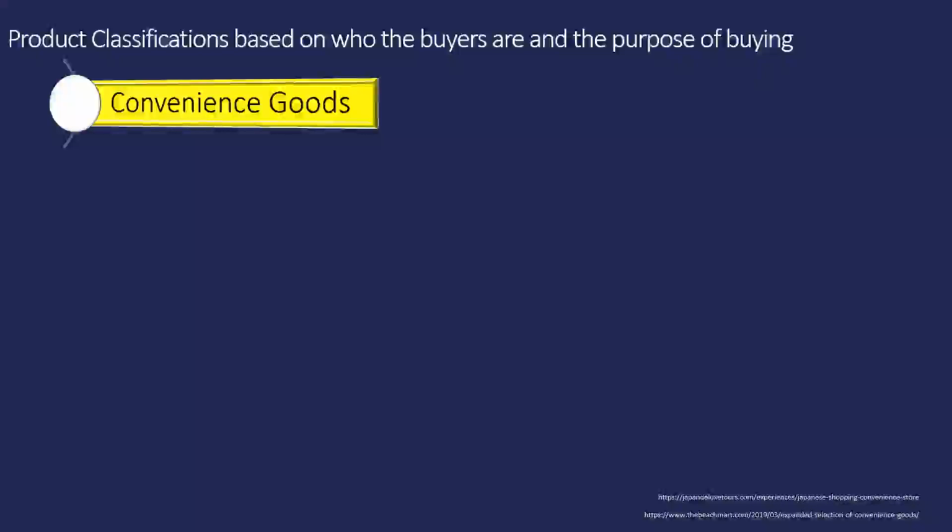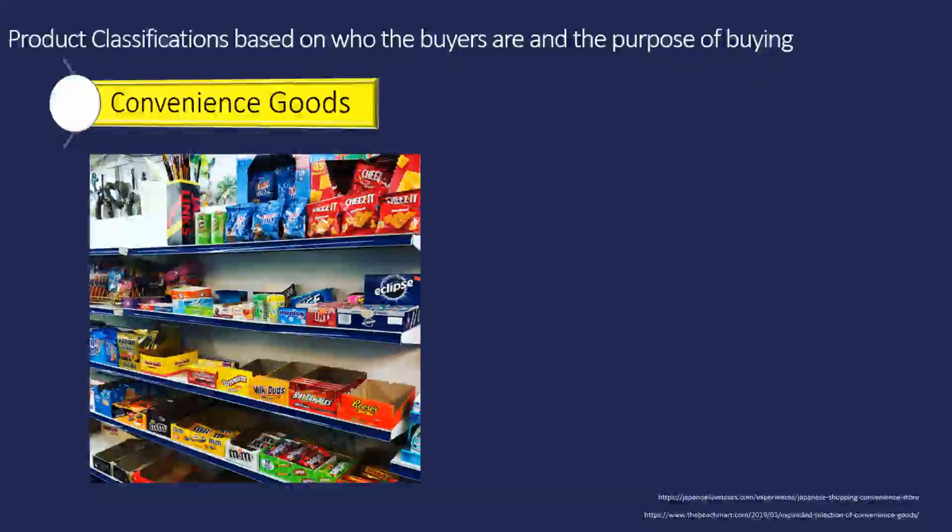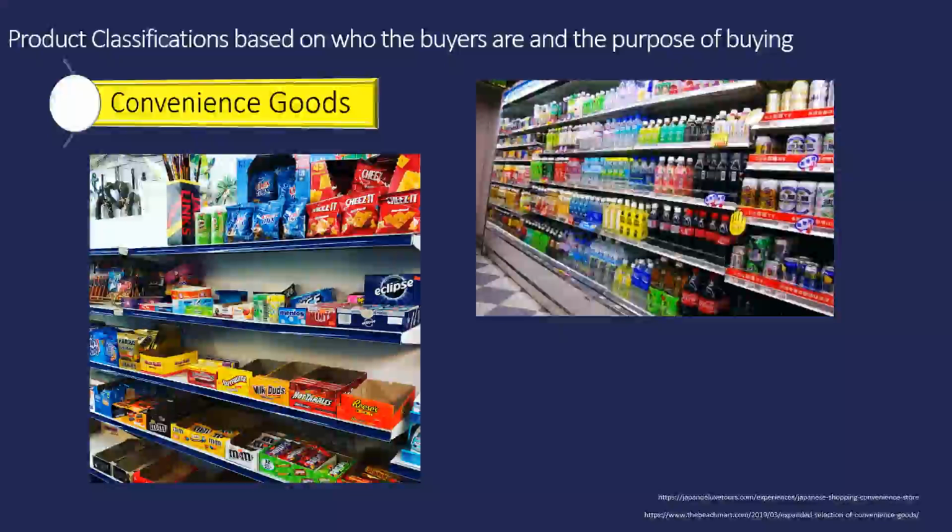Okay, now let's take some more examples of convenience goods. Here you are. Convenience goods are like candies, snacks, chocolates, drinks. You can find these at any store, not only at a supermarket.